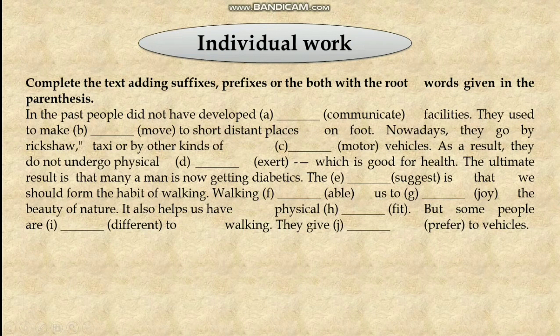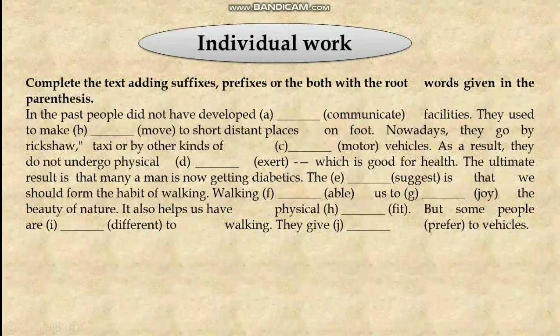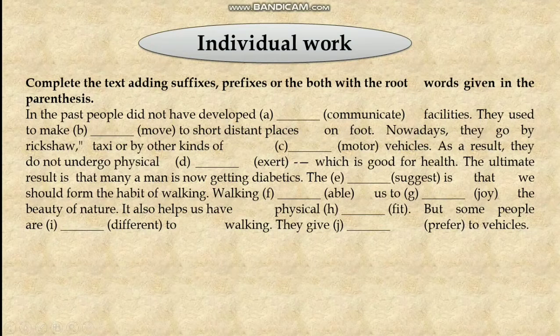In the second sentence, they used to move to short distant places on foot. We know that the word make is a transitive verb, and after a transitive verb we need an object or a noun, and the noun form of move is movement. So movement is appropriate here.